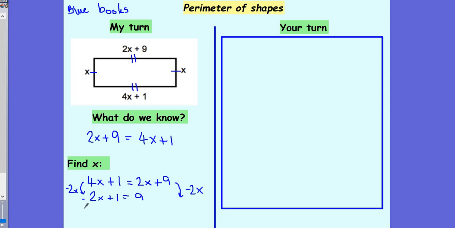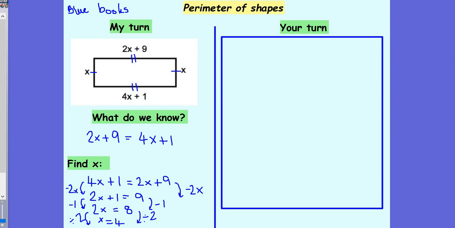I just want x's on one side, so I'm going to subtract 1 from both sides. This tells me that 2x equals, what, Rosie? 2x equals 8, lovely. And finally, Daisy May, if I'm dividing both sides by 2, what is my value of x going to be? x is going to be equal to 4.